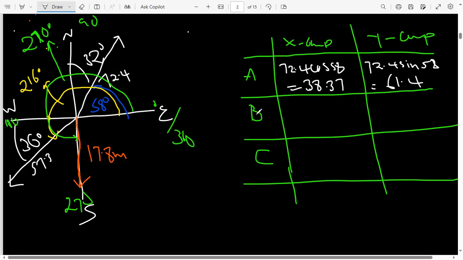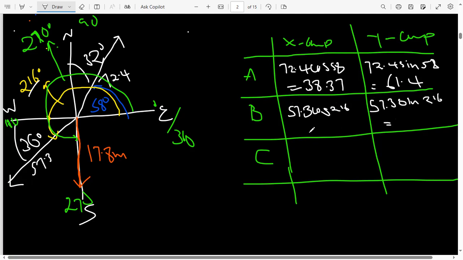Let's resolve B. B is this one here. Remember, we are using this angle in yellow, which is 216. So it will be 57.3 cos 216, and here it will be 57.3 sine 216.